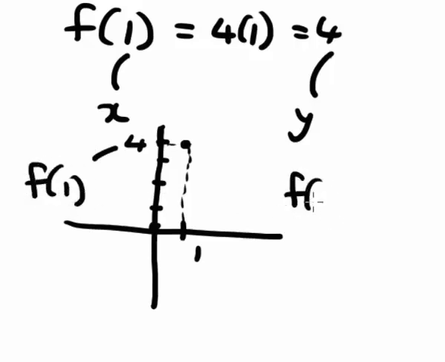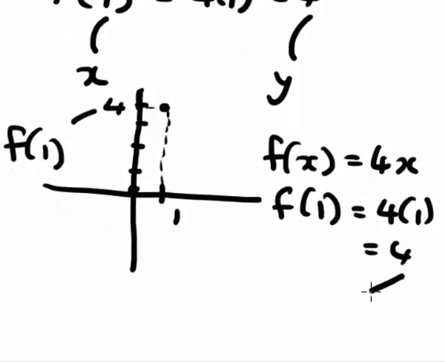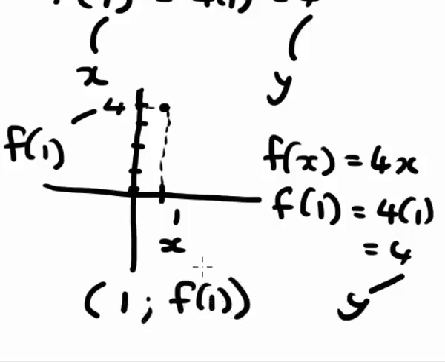You used the rule f of x is 4x, and you chose your x value to be 1. You substituted it in there for 4 times 1, which is 4, which is your corresponding y, and that's your x. So when you've got an x value of 1, the f of 1 is the y value determined by this equation, which is given to you.